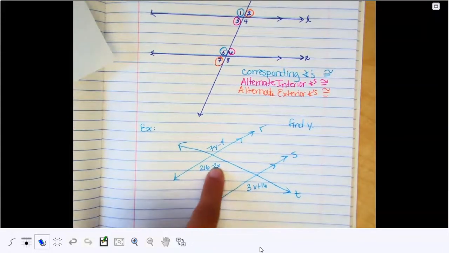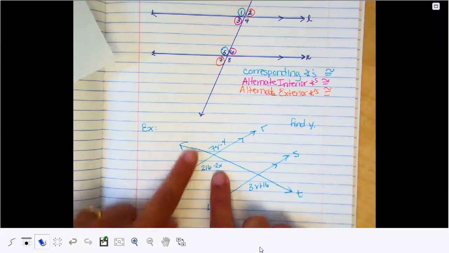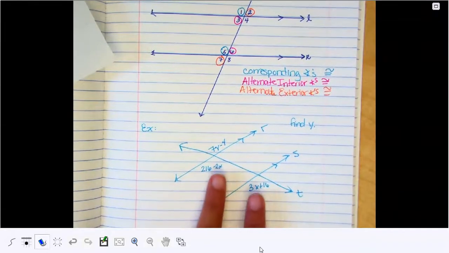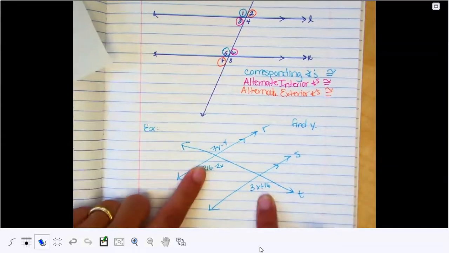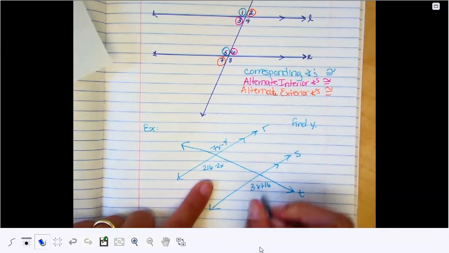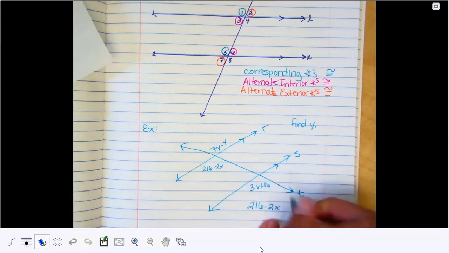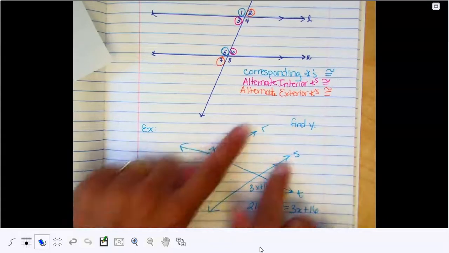Notice that if I were to look at these, this would be kind of on the bottom right. This one here is on the bottom right. So these 2 guys are corresponding. What do we know about them? They're congruent. So when I'm solving this problem, I'm going to do 216 minus 2x. And I know that's going to equal 3x plus 16 because these 2 lines are parallel.